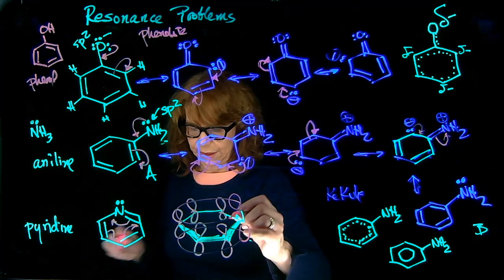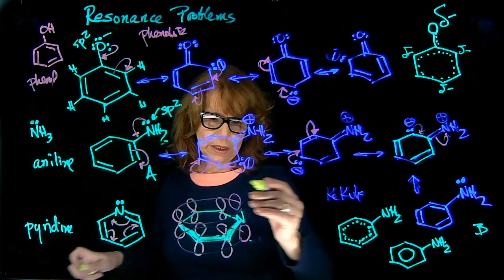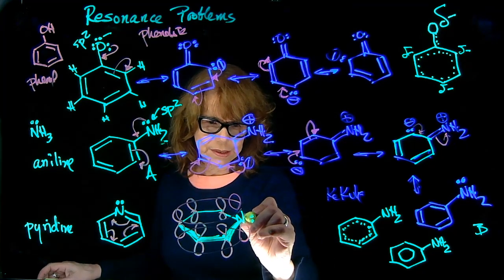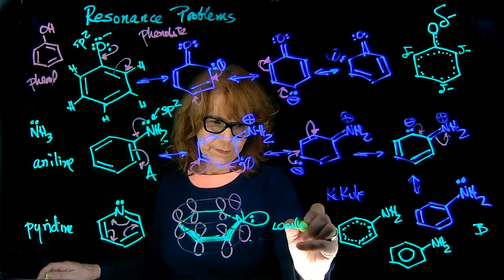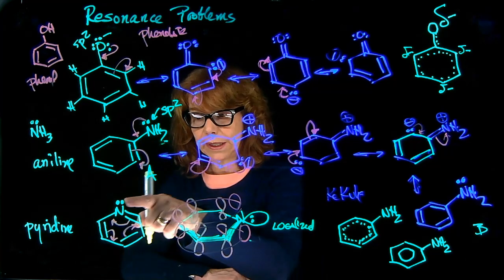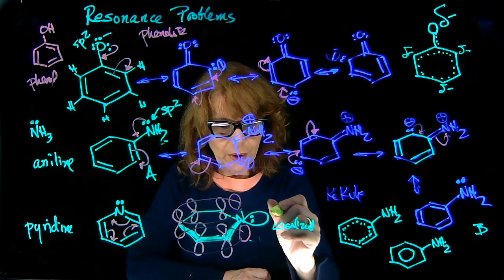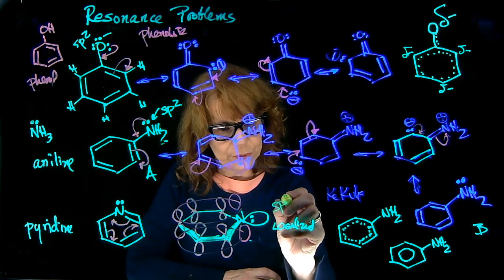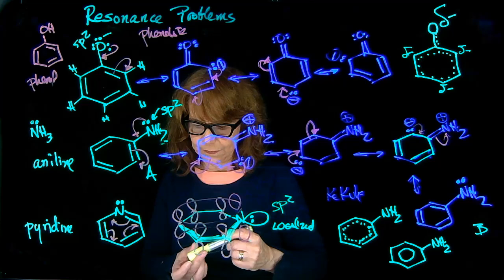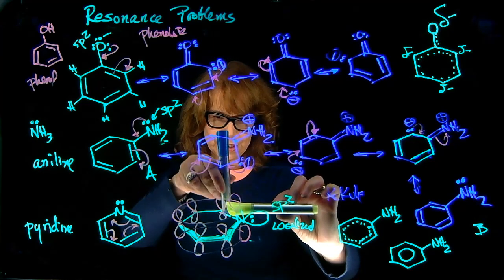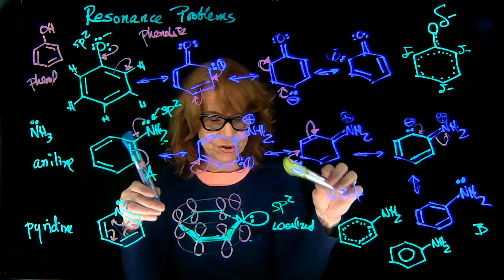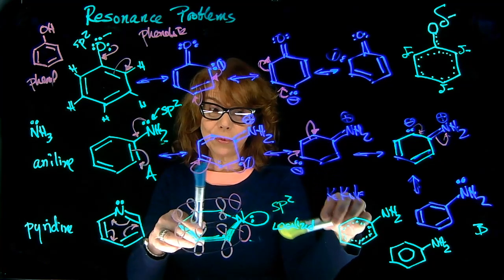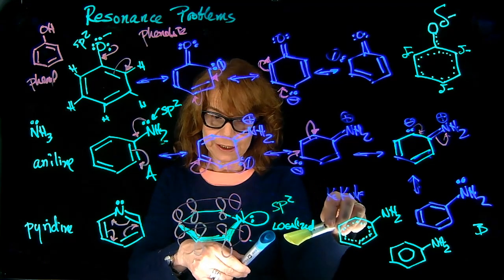The lone pair here is actually localized because it is at a vinylic position. It is in the sp2 orbital, and that orbital is perpendicular to the p orbitals in each of the bonds. So again, we say these are localized, you cannot move those.